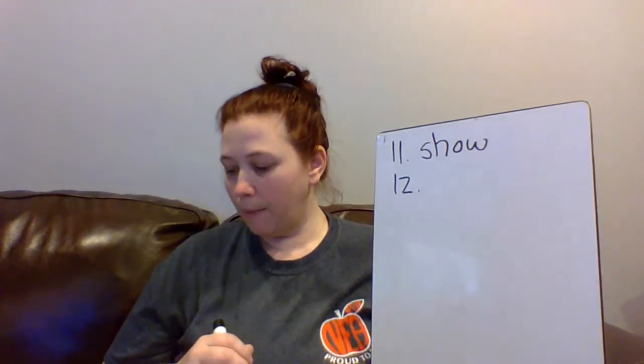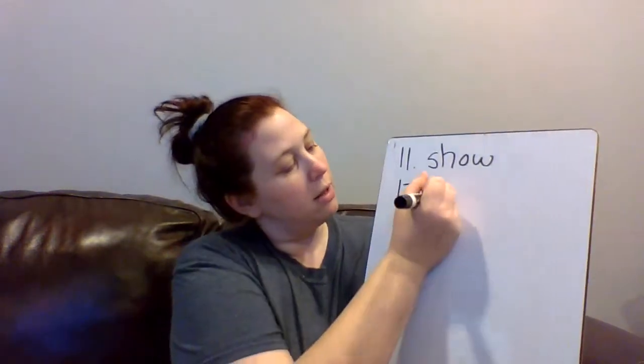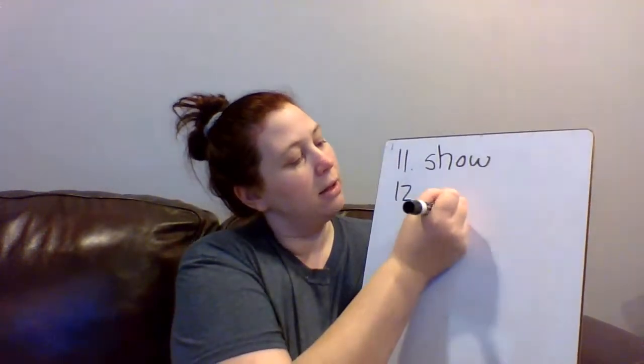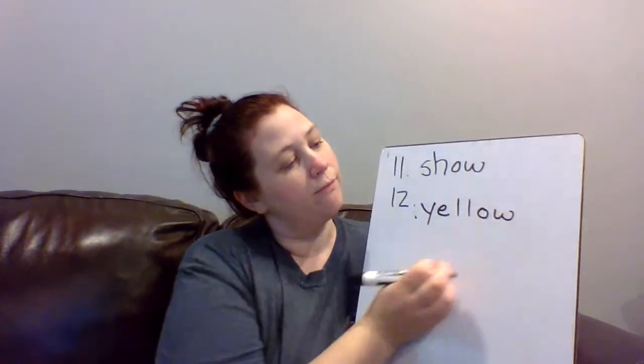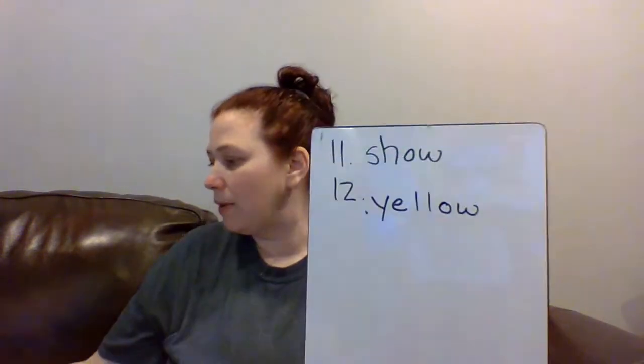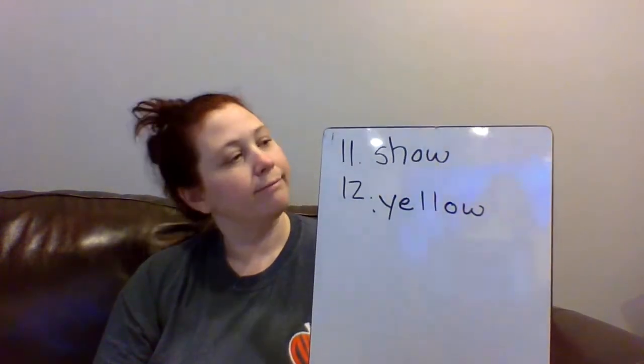Number 12 is yellow. Y, E, L, L, O, and then O. Yellow. All right, make sure you have these down before we talk about our new rule.